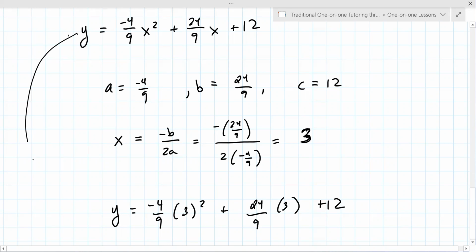I took this equation right here and just substituted it in for 3. And this is to find the y. The reason we're doing this is because once we know the x and the y and the other intercepts, we can answer the questions. It's going to be one of those 3 numbers.